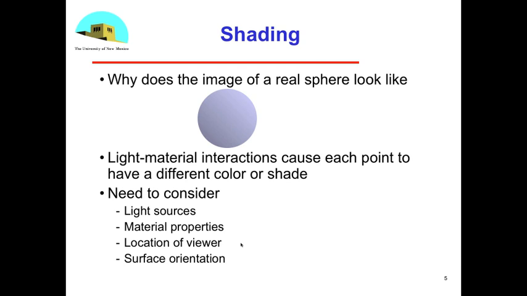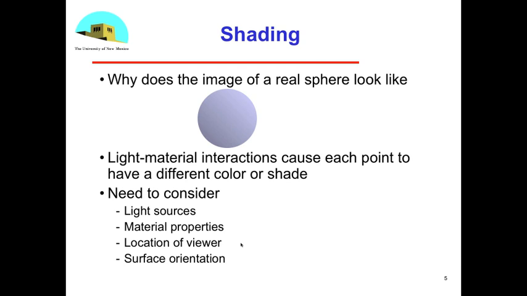So, for example, if you have a red ball and it's lit by a white light, why does it appear red? Well, it appears red because that material absorbs the light frequencies outside of the red range and reflects the light that's in the red range. So we need to model that.